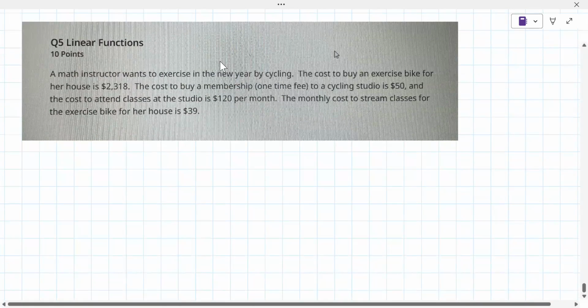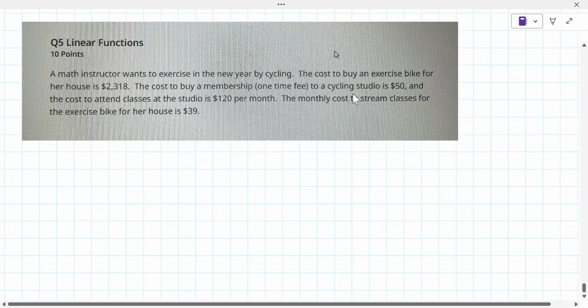A math instructor wants to exercise in the year by cycling. The cost to buy an exercise bike for her house is $2,318. So that's a one-time cost. One time you spend that amount. The cost to buy a membership, which has a one-time fee. I don't know if you've got a gym membership anywhere, but usually you've got to pay a fee plus a monthly cost. Pretty standard. A lot of the subscriptions now you don't have that one-time fee, but gyms still do that for whatever reason.